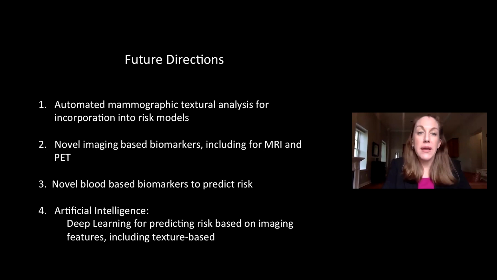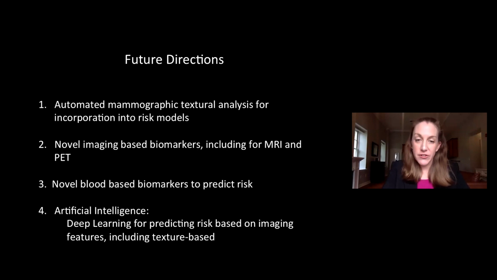What is up and coming? Well, hopefully automated mammographic textural analysis will also really help us here, as it has been incorporated into risk models and adds good information on who needs supplemental screening besides density. Novel imaging-based biomarkers, particularly for MRI, are coming down the pike, as are novel blood-based biomarkers to predict exactly who is at risk.